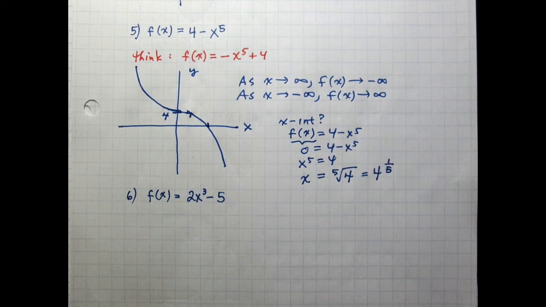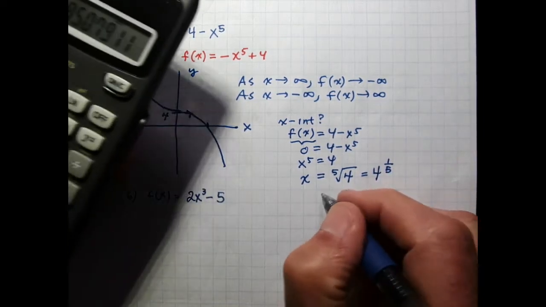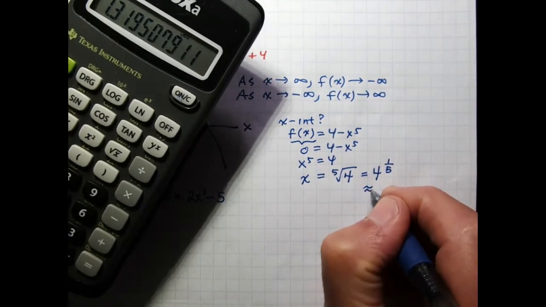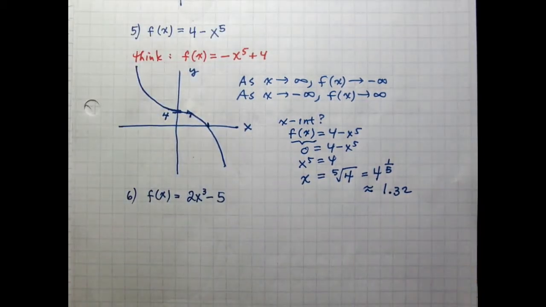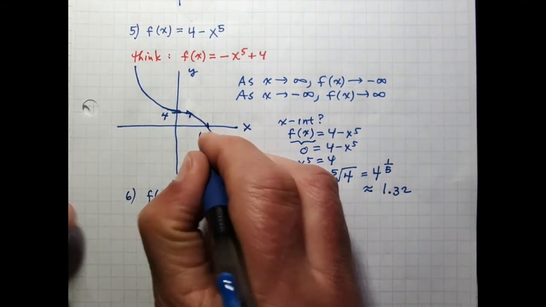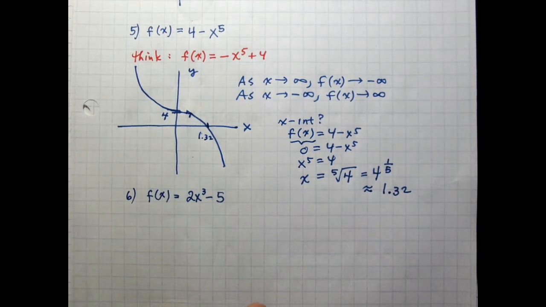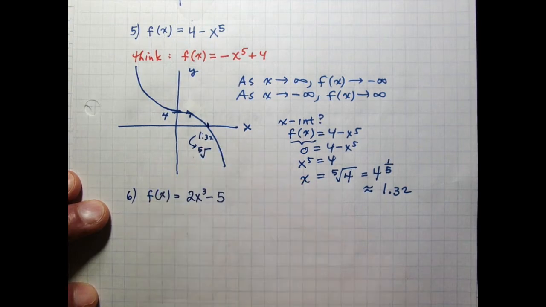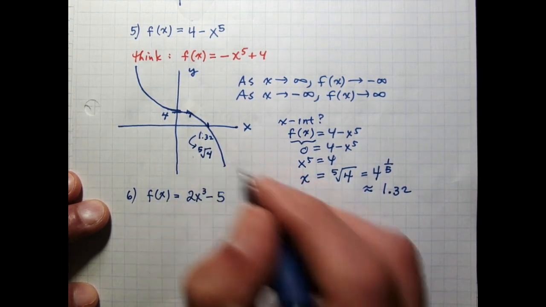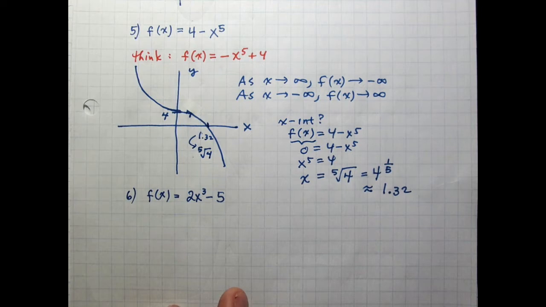See if you can get that on a calculator. I get that x is about, I'm going to round this off, 1.32. This is not drawn to scale, my scales don't match up here. That's officially the fifth root of 4, that x-intercept.